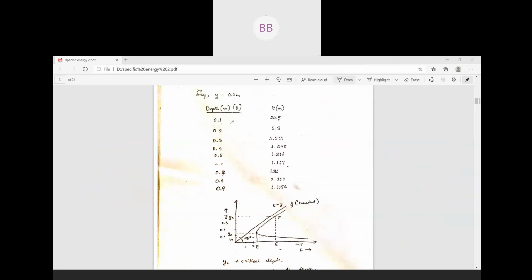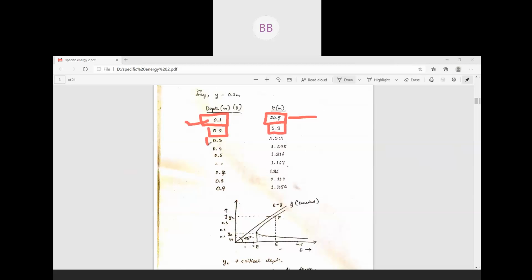What you are going to get when you draw the graph, say when your depth is 0.1, that is your lowest value, your specific energy is maximum. Okay, then again you have increased the depth of flow and your specific energy drastically reduced.